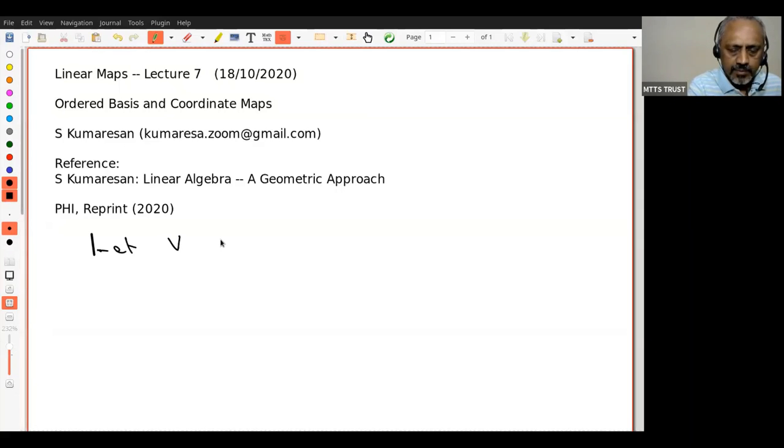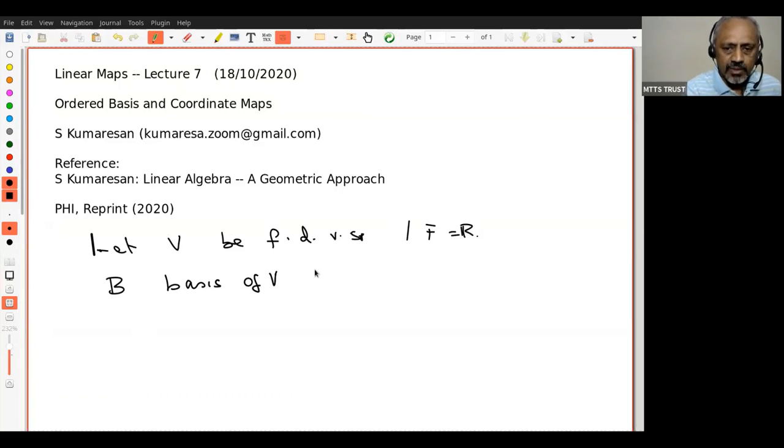Let V be a finite-dimensional vector space over a field, possibly R. When I say B is a basis for V, usually one writes B as v1, v2, vn, where n is the dimension of V. But notice that there is already some kind of an order in the basis. v1 is the first element, v2 is the second element, vn is the last element. But when I say it's a basis, there is no such restriction.